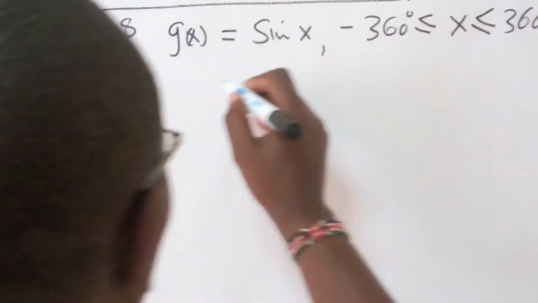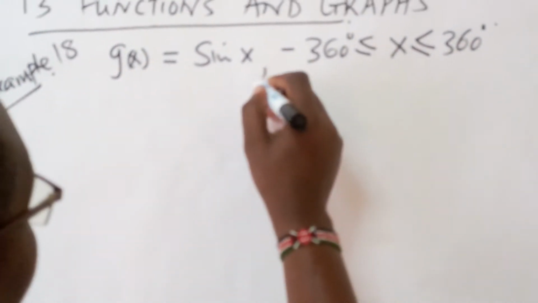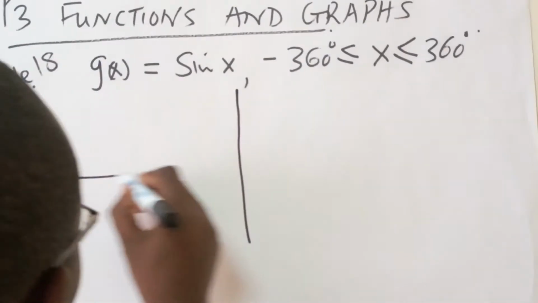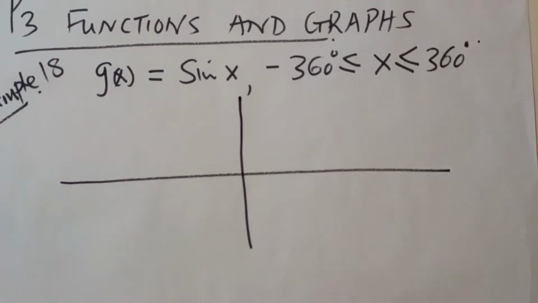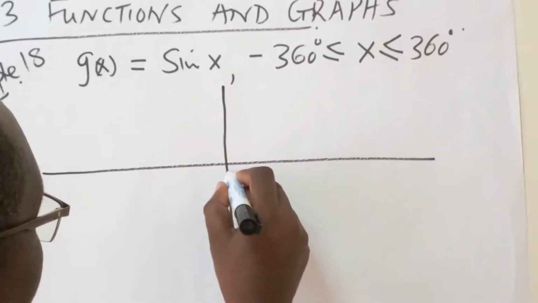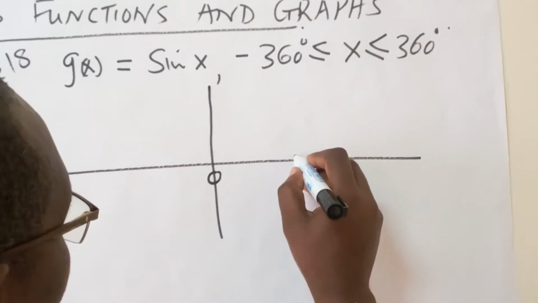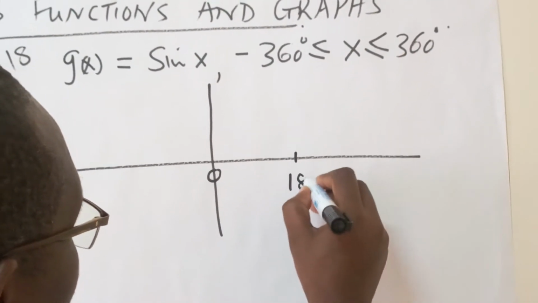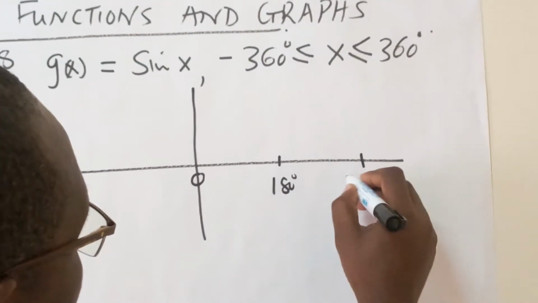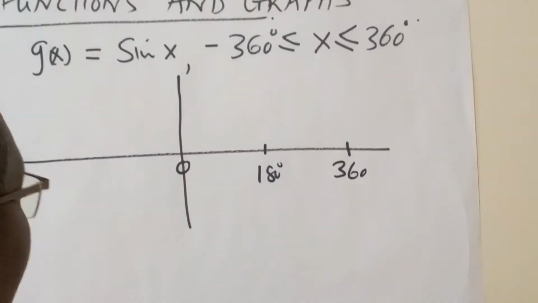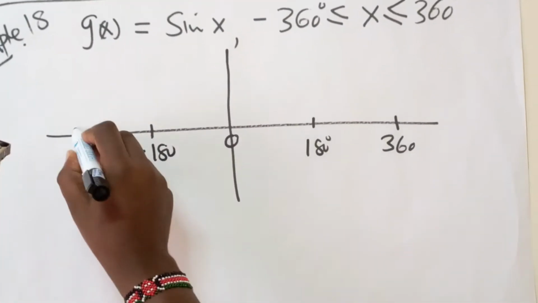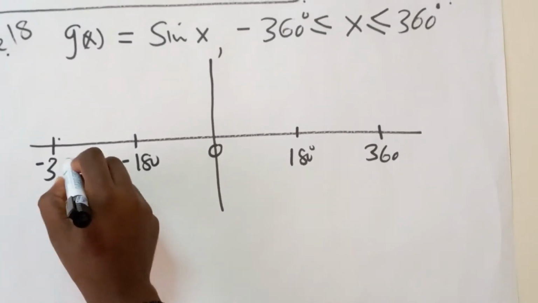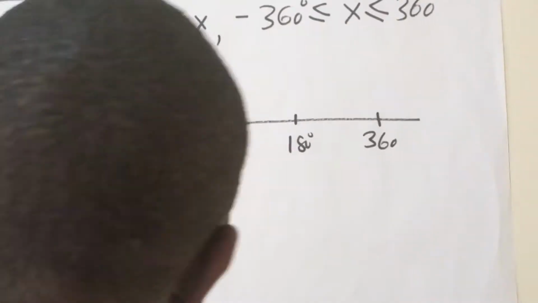And as you know, the graph of y equals g(x) is simply the graph of the sine curve. We will talk about when x is 0, positive 180 degrees, positive 360, negative 180 degrees, and negative 360 degrees.